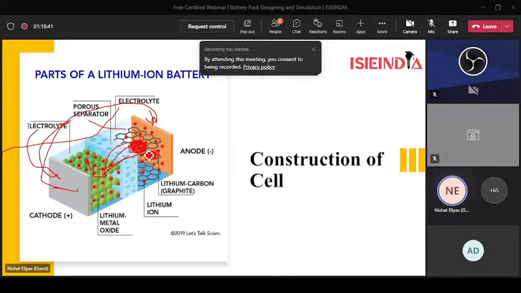I think you might have read about graphite and graphene. They are layered structures, having a honeycomb lattice structure, sheet-like structures.